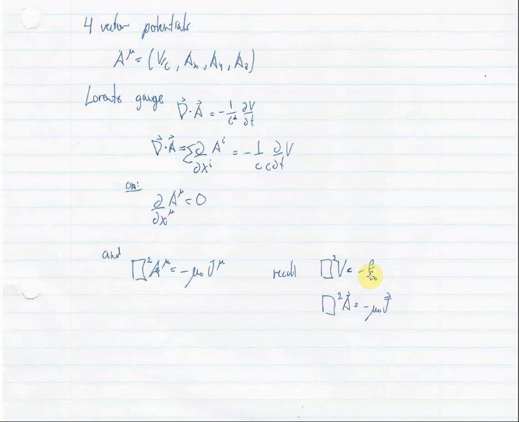Well, we can now lump all these things together just like we did, and we see that the D'Alembertian of this contravariant 4-vector potential is negative mu naught times this contravariant current 4-vector. So I thought that's nice and tidy.